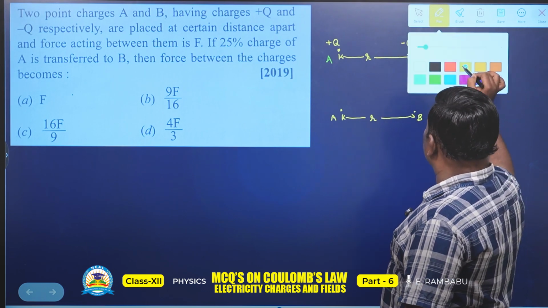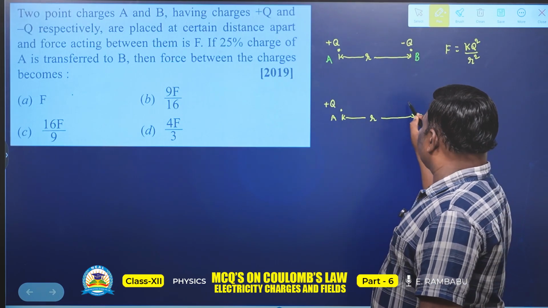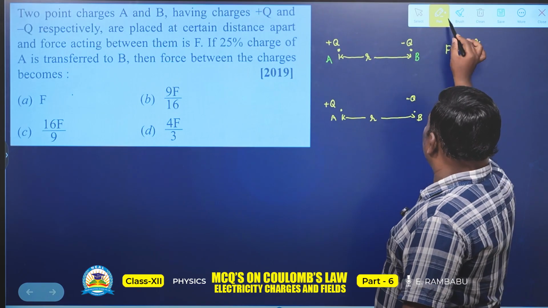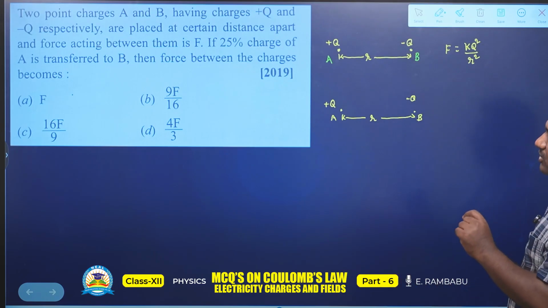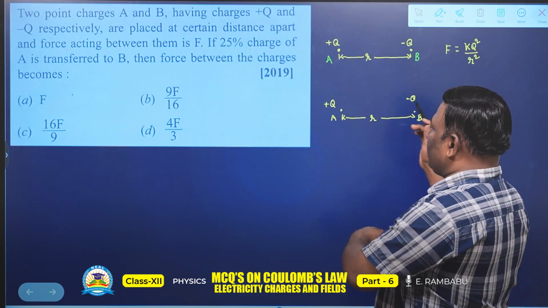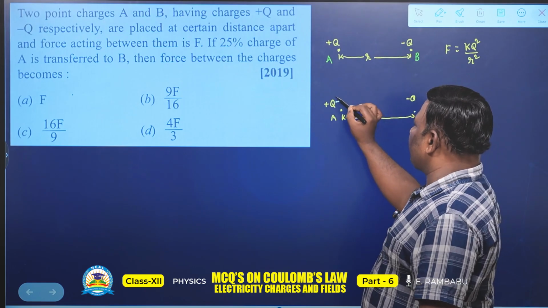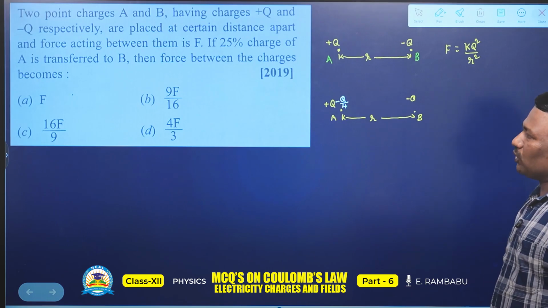See how that charge can be changed. Actually here the charge is plus Q, here the charge is minus Q. But what is the point they told? 25% charge of A is transferred to B. Transferred to B means here 25% charge is removed. 25% is nothing but 1/4 part.